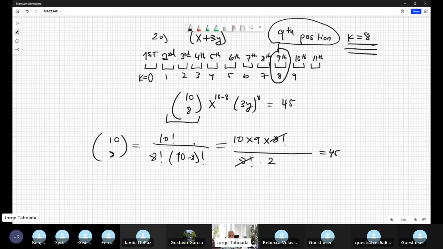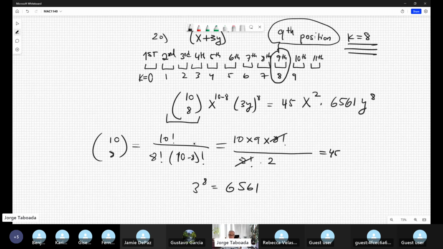That part. x to the second power, 10 minus 8, and 3 to the 8th power is 6,561, so 6,561 y to the 8th power.